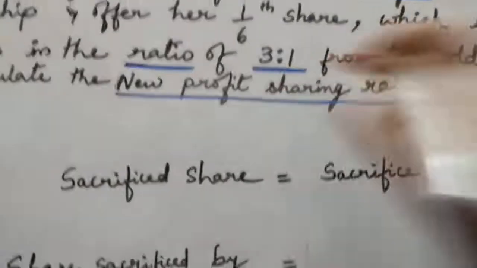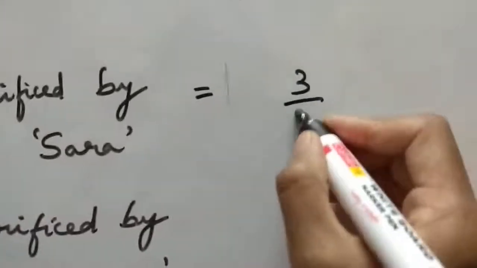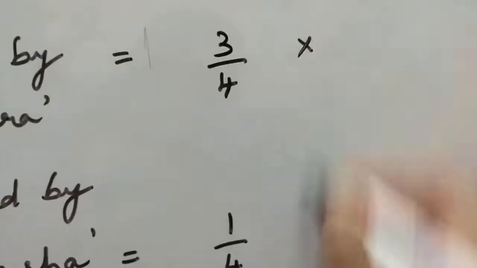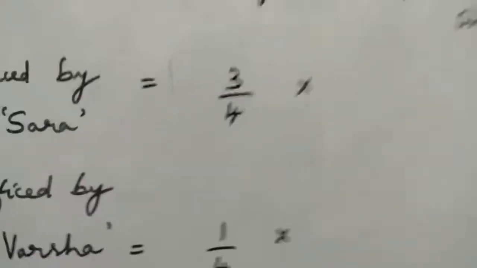We are going to observe the sacrifice ratio given is 3:1. So it's 3/4 and 1/4. Bring down the multiplication, that is a product symbol.